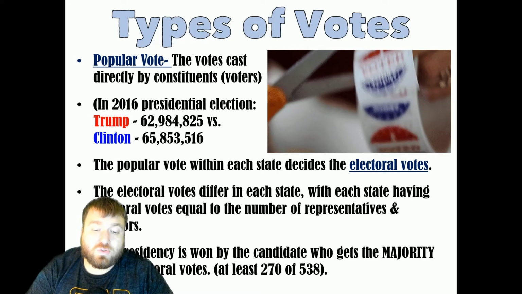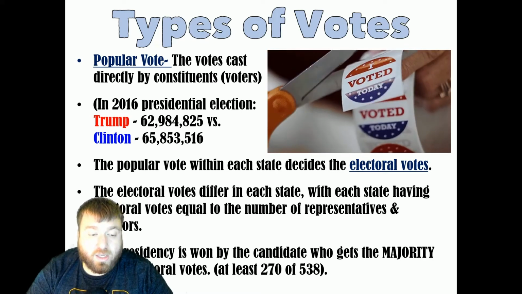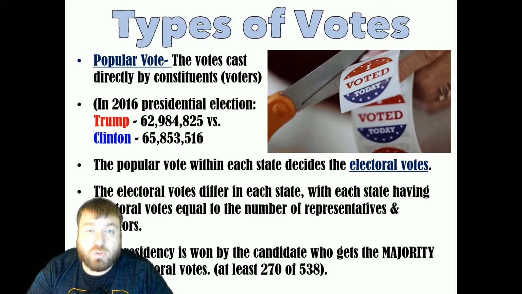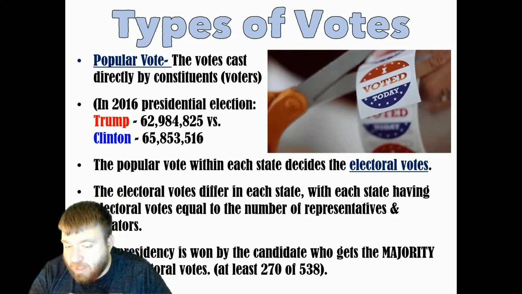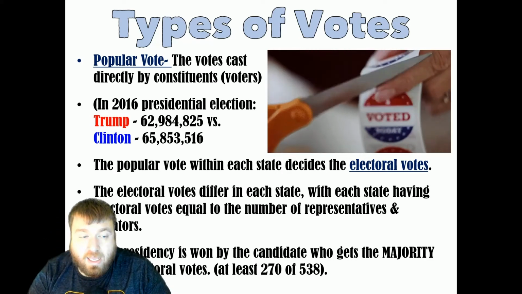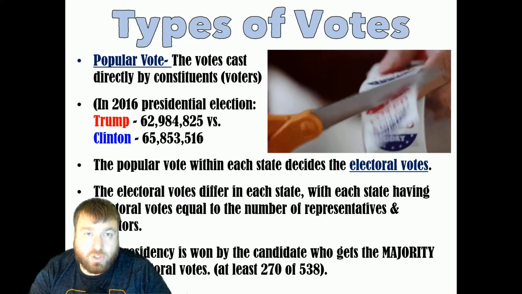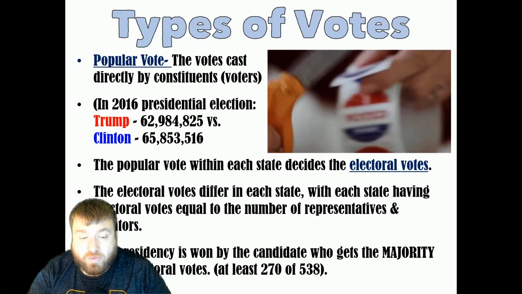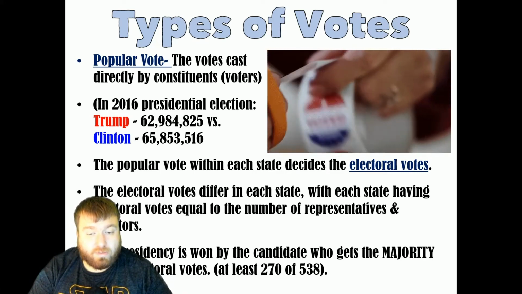The presidency is won by the candidate who gets the majority of the electoral votes, and that means at least 270. 270 is that key number that a candidate has to get in order to win the presidency. Once they get 270 electoral votes, that's it. They win.